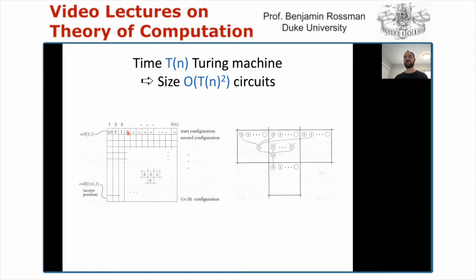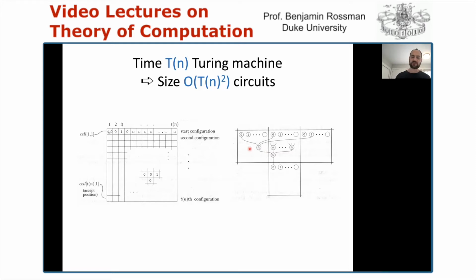We have the symbol of the tape alphabet, a bit indicating whether or not the tape head is at that location, and the current state of the Turing machine in the case that the head is at that location. So we only need a constant number of bits to represent that information. In particular, log of the size of the tape alphabet plus log of the number of states is sufficient.